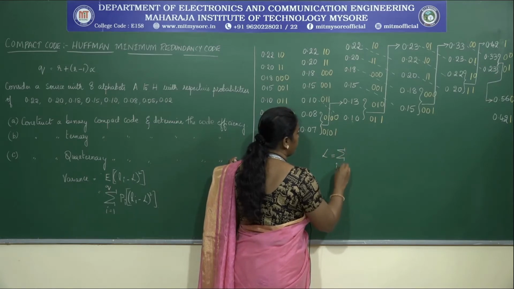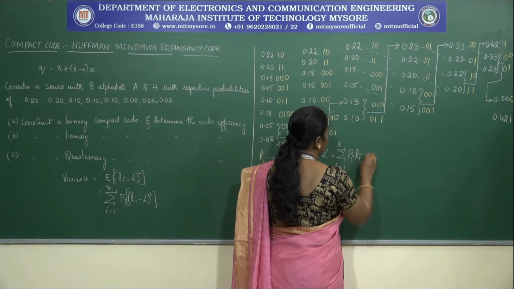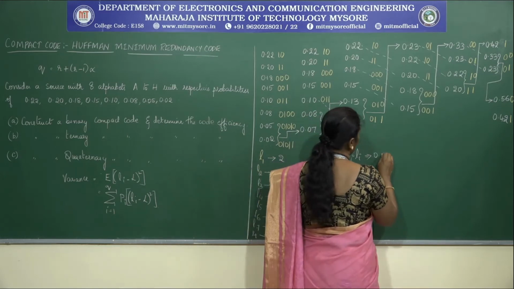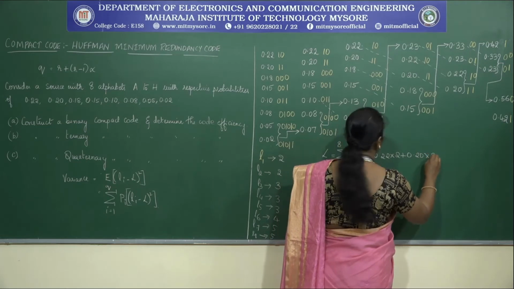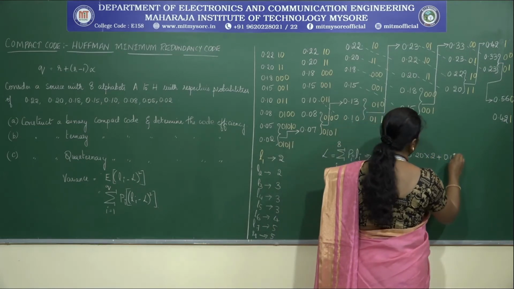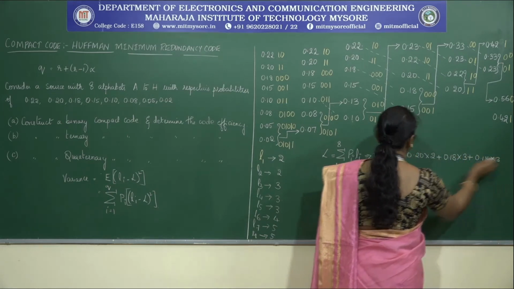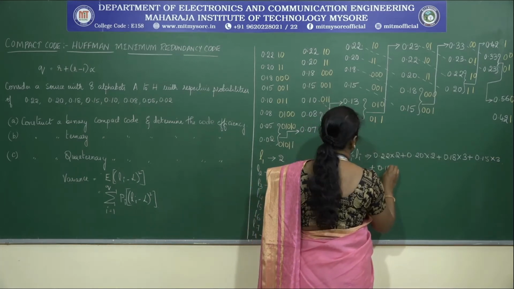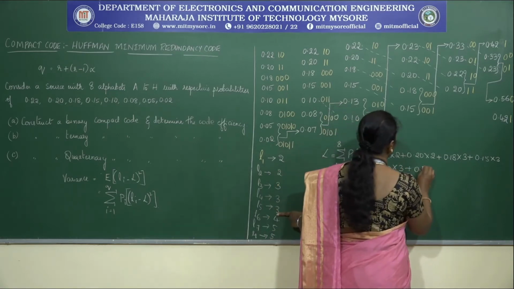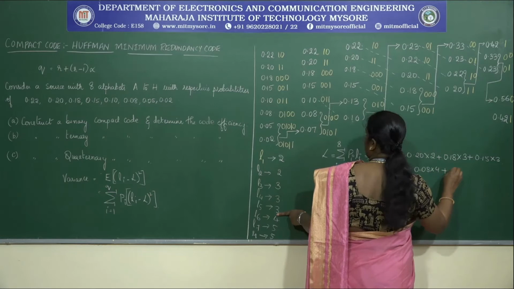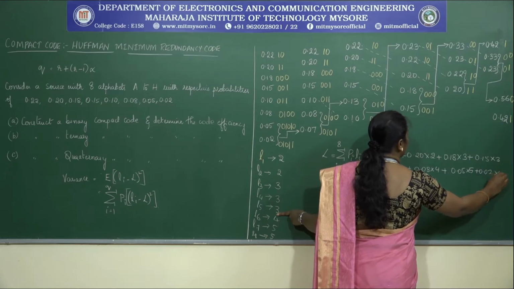Once you find the lengths, you need to calculate the minimum average length L, which is equal to the summation of i equal to 1 to 8 of Pi into Li. That means it is 0.22 into 2 plus 0.20 into 2 plus 0.18 into 3 plus 0.15 into 3 plus 0.10 into 3 plus 0.08 into 4 plus 0.05 into 5 plus 0.02 into 5.